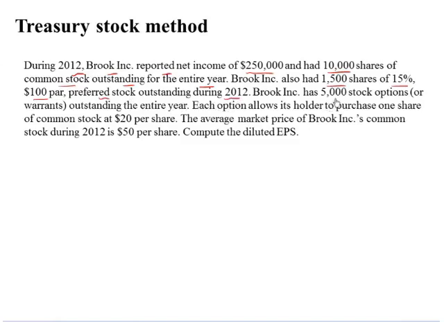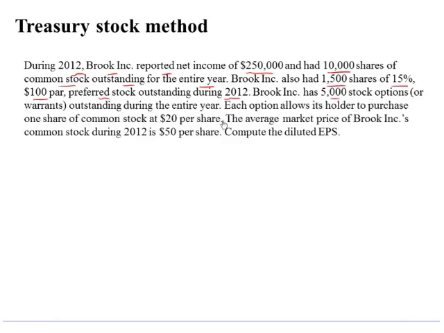Brook Incorporated has 5,000 stock options or warrants outstanding during the entire year. Each option allows the holder to purchase one share of common stock at $20 per share. The average market price of Brook Incorporated's common stock is $50 per share, so exercise is quite likely.